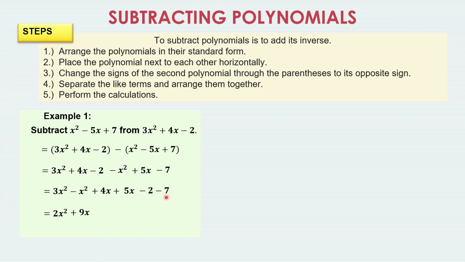And then combine these two, negative 2 minus 7 is equal to negative 9. And here's your final answer already: 2x squared plus 9x minus 9. In this example, we used horizontal computation.